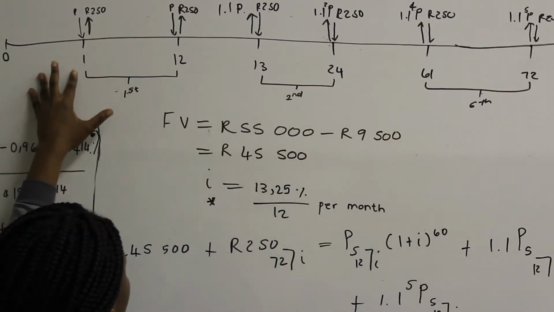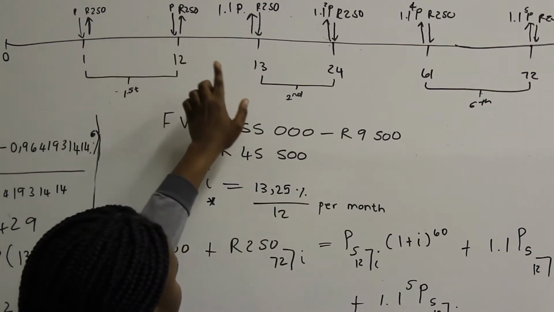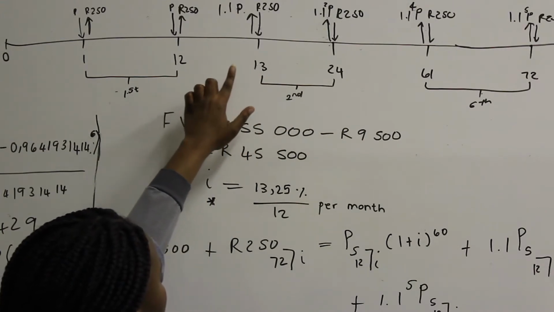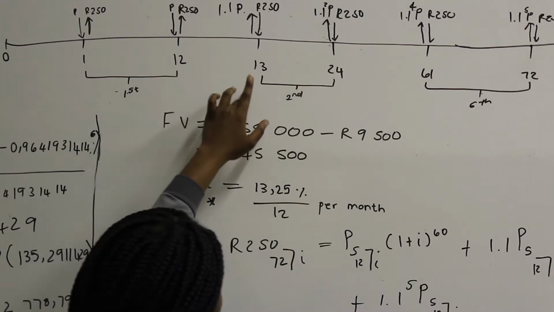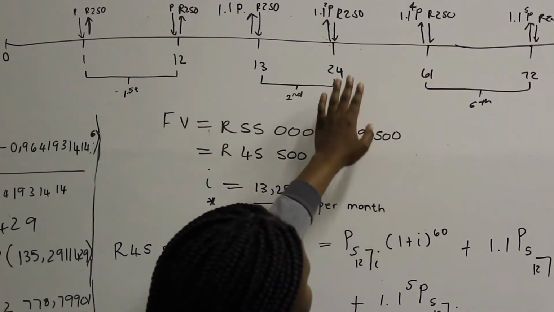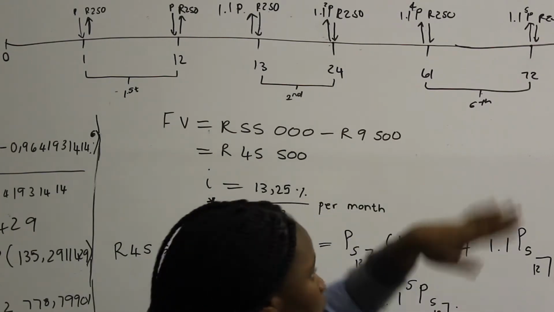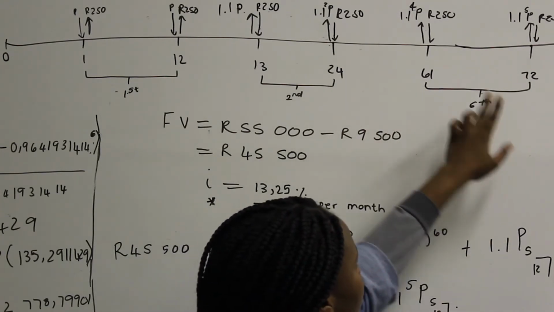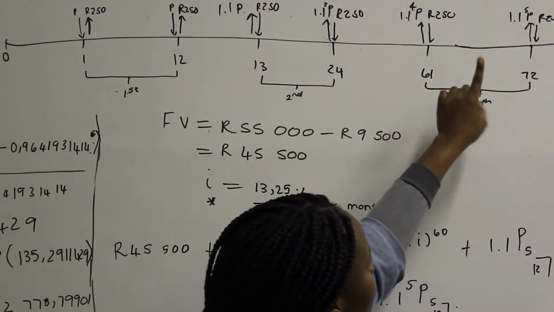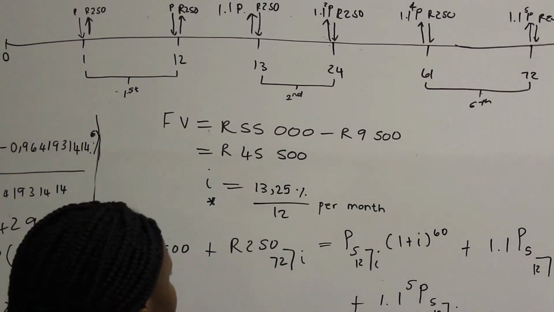The first month will just be a payment of P, and then from the 13th to the 24th it will be 1.1P, then 1.1 squared P, and so on until the 6th year. It will be 1.1 to the power of 5 P, and the 250 that has to go out.